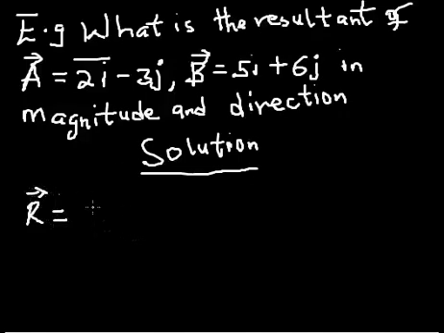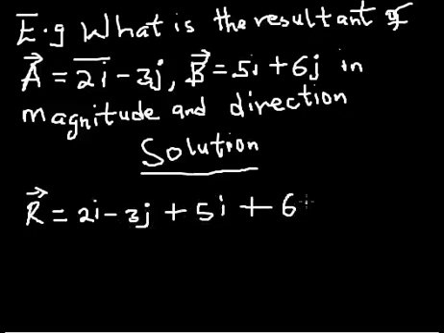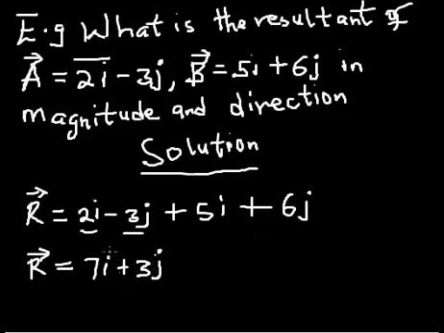You know how we'll do that. I have to add them up. That's going to be 2i minus 3j plus 5i plus 6j. Of course, collecting like terms together, that's going to be 2i plus 5i gives me 7i, then minus 3j plus 6j gives me plus 3j.